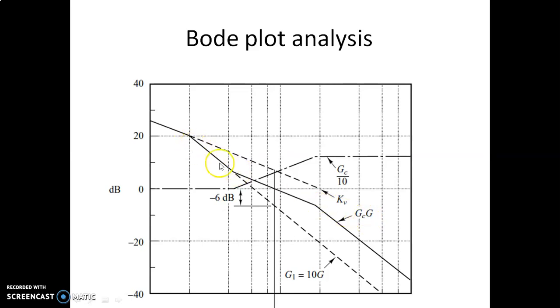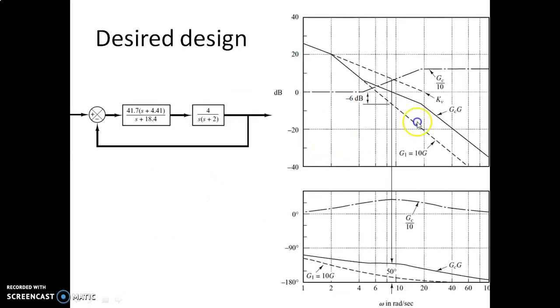If we look carefully, it has been modified because of the introduction of this lead network. Here you can make out the change in the phase plot. This was the earlier phase plot, and it has now changed because of the product of G and GC. Notice here, this is omega GC, close to 9 radian per second, where we have a phase margin of almost 50 degrees.